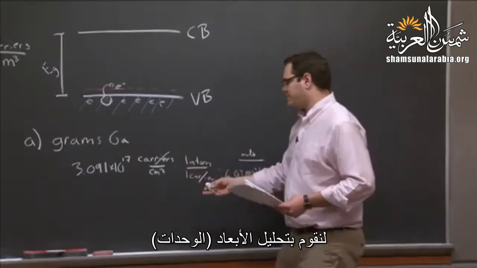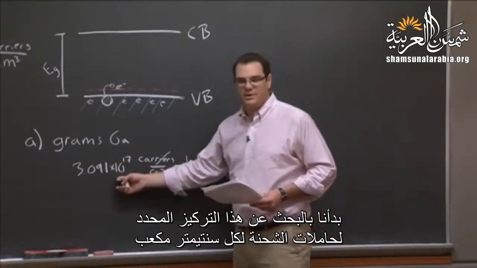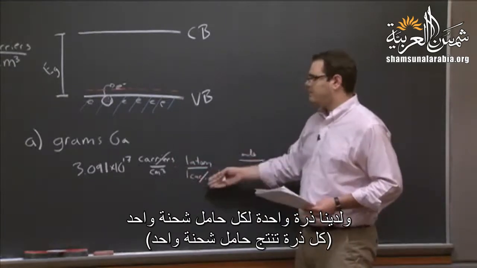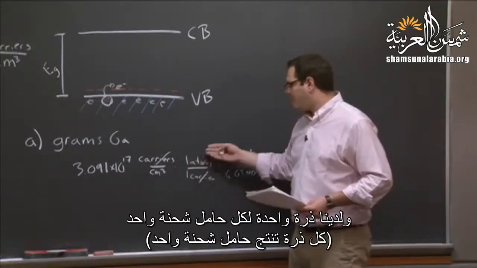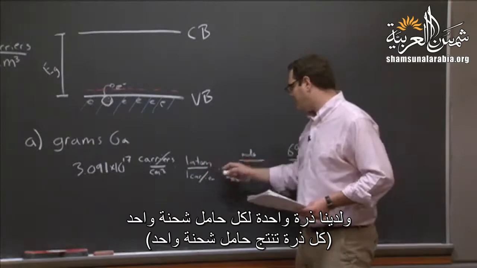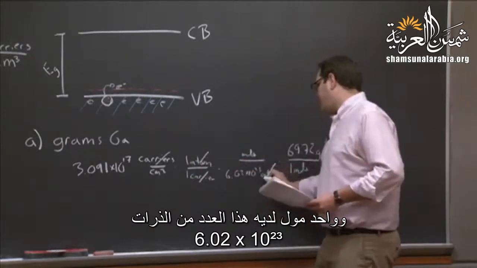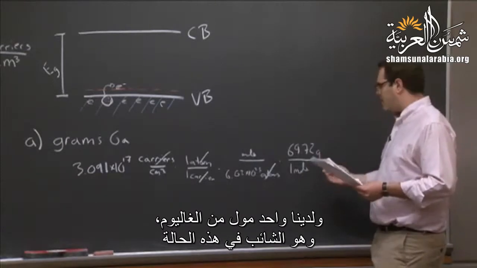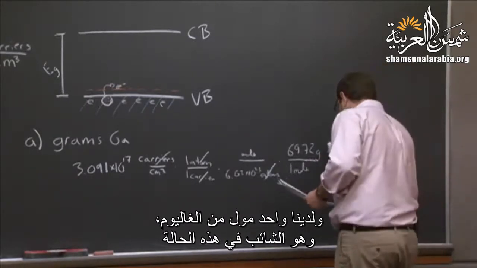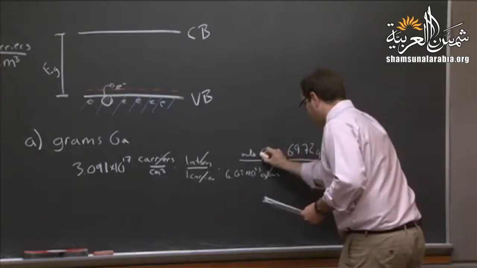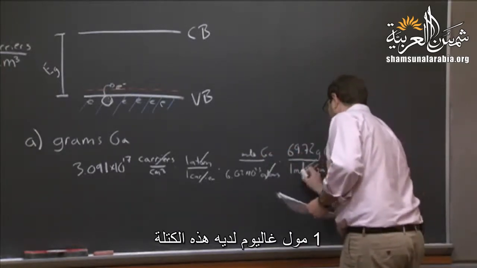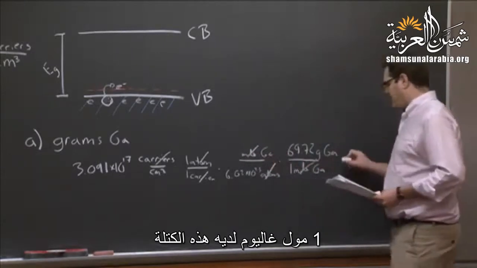Let's do our dimensional analysis. We start off with the concentration we're looking for, carriers per centimeter cubed. One atom creates one carrier. 1 mole has this many atoms, and we're talking about 1 mole of gallium, so I'll put gallium here to be clear. 1 mole of gallium has this much mass.